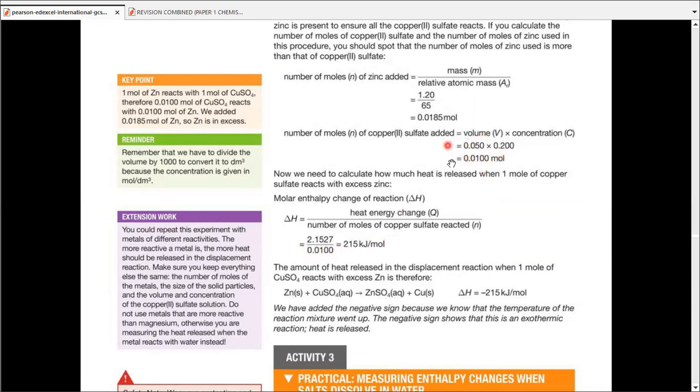Why do we take the value of copper sulfate? Because the zinc was in excess. Remember, we have studied back in the moles chapter, when there is one component that is present in limiting amount, which is copper over here, and one component present in excess amount, our calculations are always made with the help of the limiting reactant and not with the excess reactant.